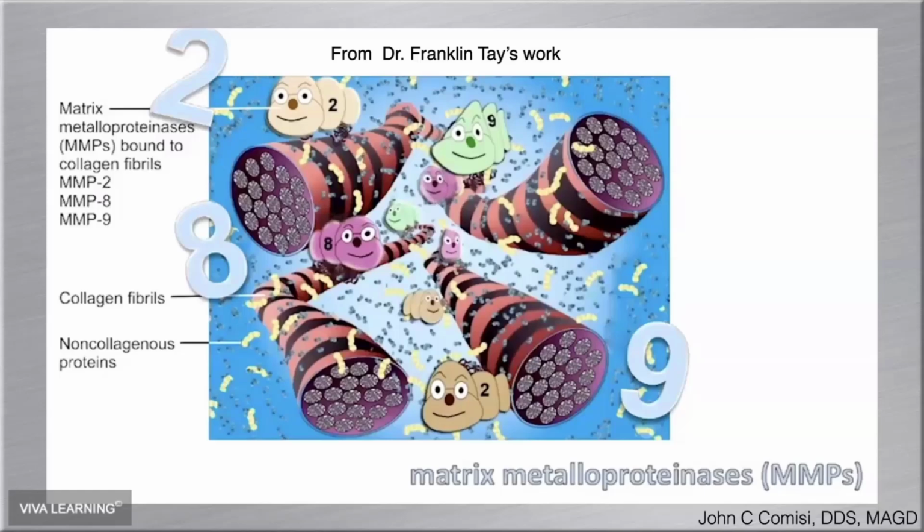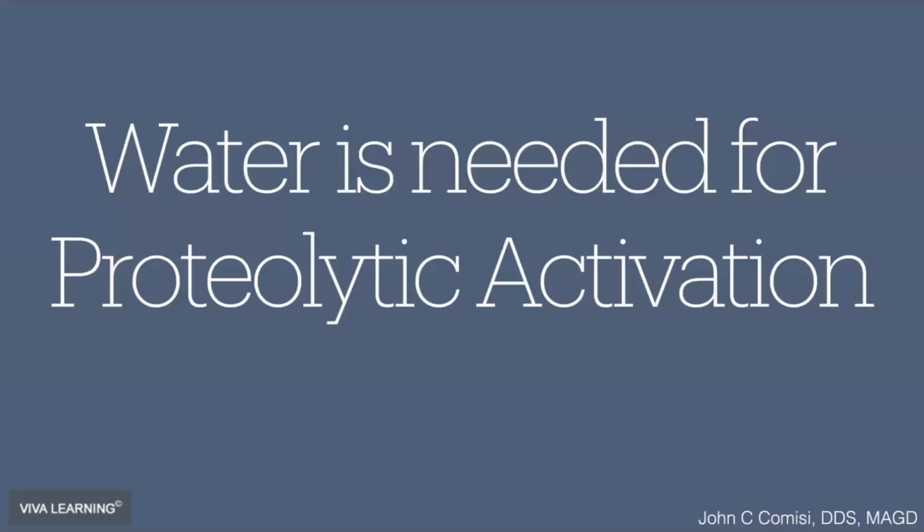So that's why when you go into a failing composite and you're drilling it out and it goes flying across the room, that's because it's been degraded by the MMPs. And why sometimes with amalgam, it takes dynamite to get that last little bit off of the pulpal floor, because there is no enzymatic breakdown. And that's always been something that I clinically saw, and maybe you have as well.